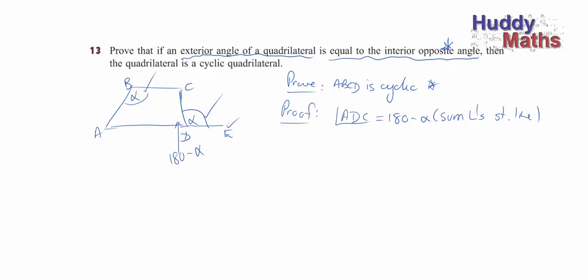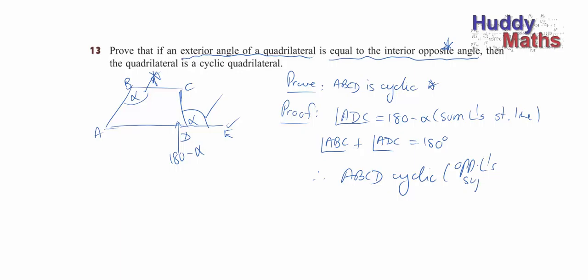Because here you can therefore say angle ABC up the top here, plus angle ADC is 180. We've just established that. Therefore, ABCD is cyclic: opposite angles supplementary, what we've just shown there, as required.